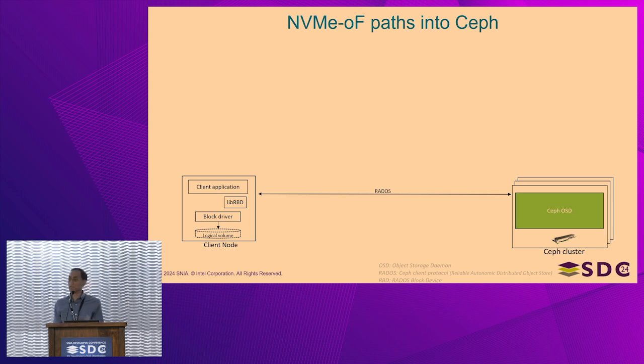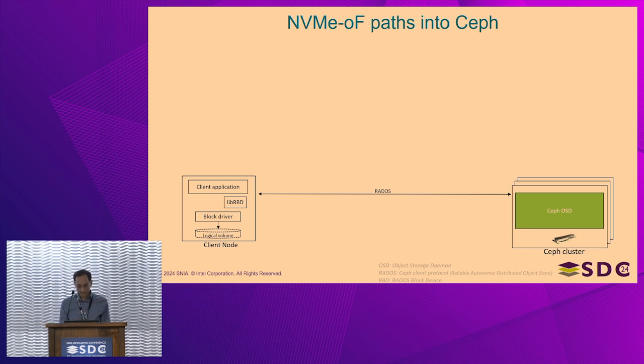In this case, the picture is showing a block service via a client-side library, which is librbd, the Rados Block Device, which essentially takes care of communicating with the Ceph backend using a custom protocol called Rados.